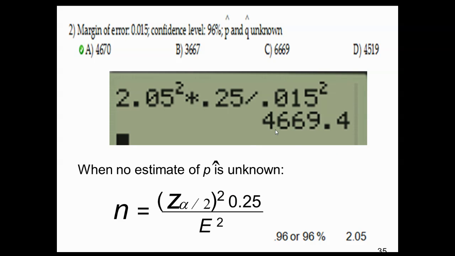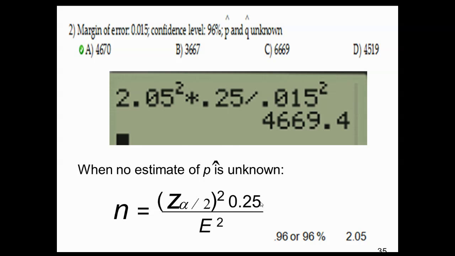Same thing here. You don't know what p hat and q hat are. You do know the error is 0.015. You're looking for a 96% confidence level. The z-score that's associated with 96%, we haven't used as much, is 2.05, and I'm squaring it times, since we don't know what p hat and q hat are, the product of the two is 0.25.